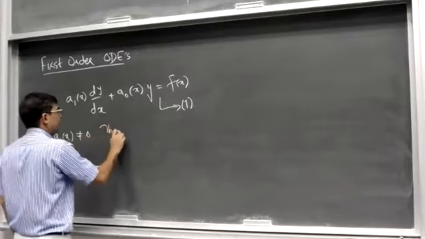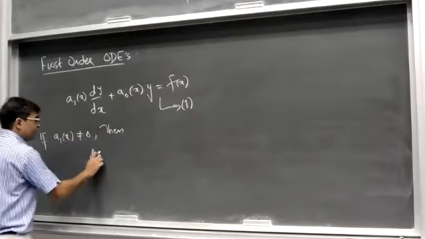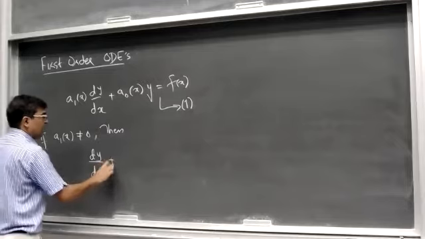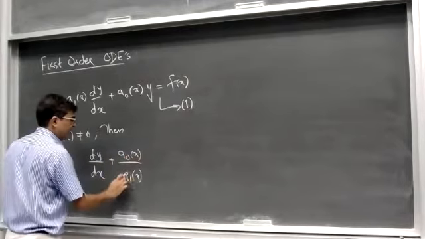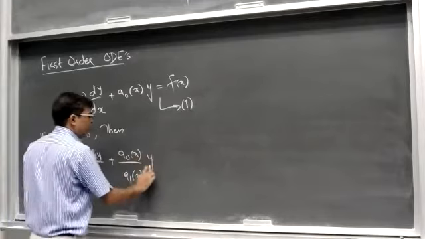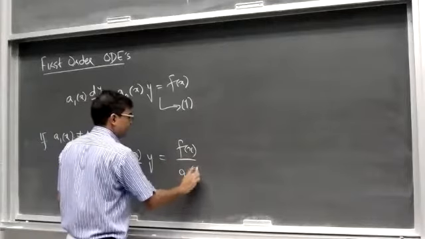Then dividing this equation on both sides by a_1(x), we get dy/dx plus a_0(x)/a_1(x) y is equal to f(x) divided by a_1(x).